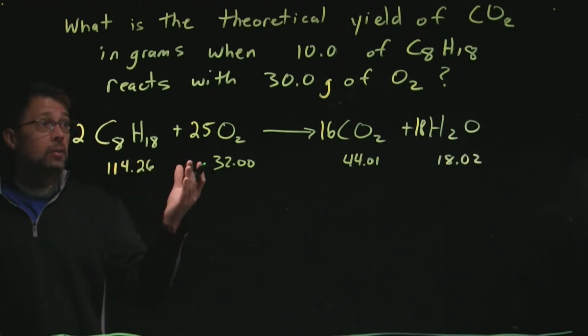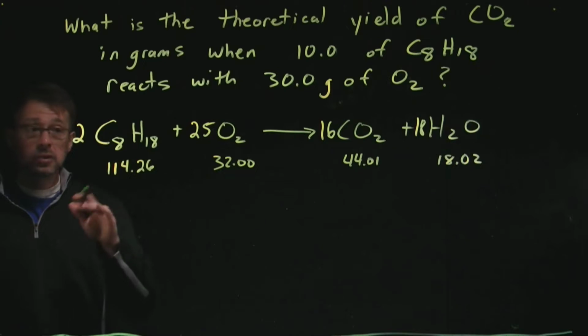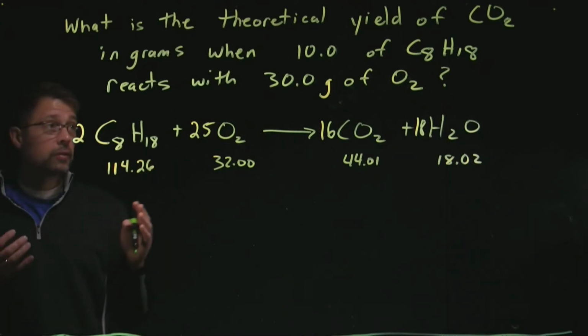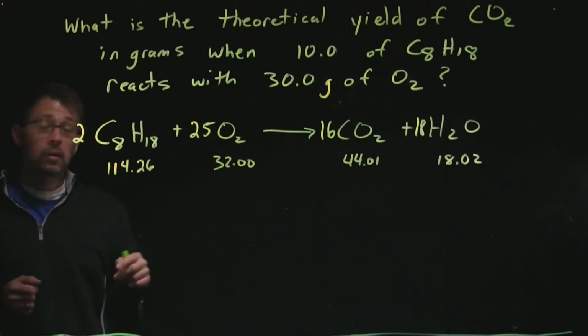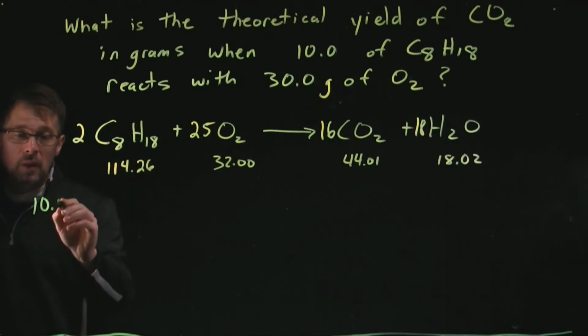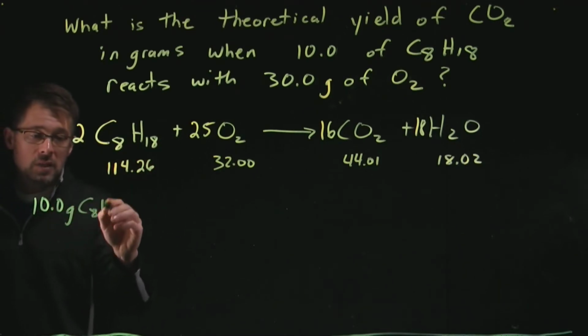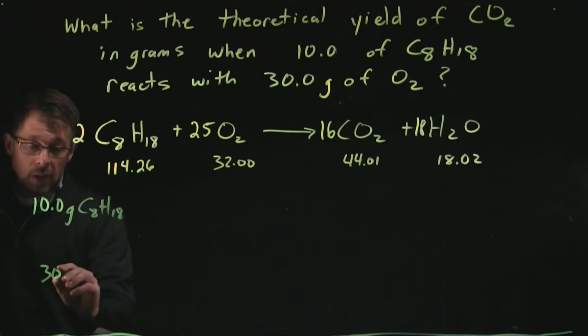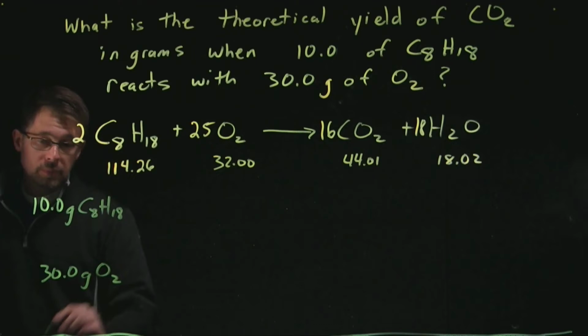When you're doing a theoretical yield problem and you are given 2 different masses for reactants, you need to do 2 problems to figure out which one makes the least amount of carbon dioxide, because that is your limiting reactant. So I'm going to take my 10 grams of C8H18, and I'm also going to write down my 30 grams of O2.